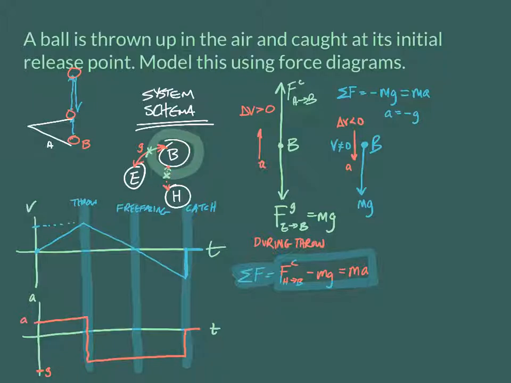So we get this for the non-zero speed part. And you would get the same thing for when speed is zero. So this also works when the speed is zero. And you hopefully recognize that this entire time from here to there, even at the zero spot here, only gravity is causing the acceleration.